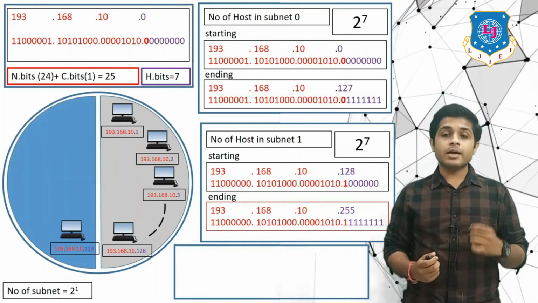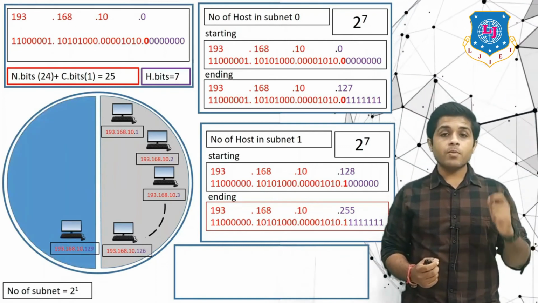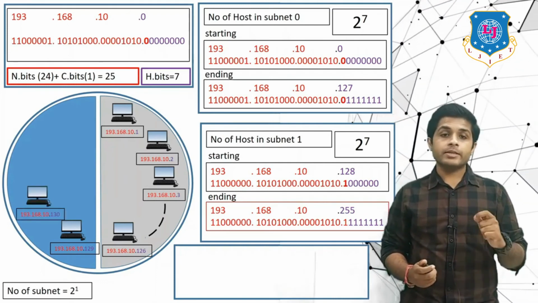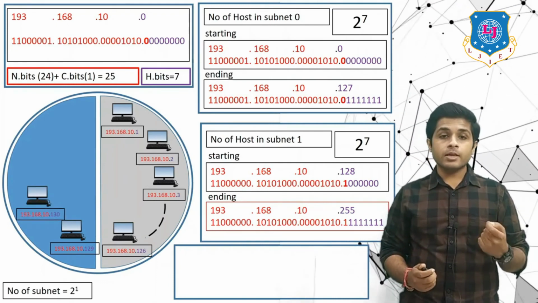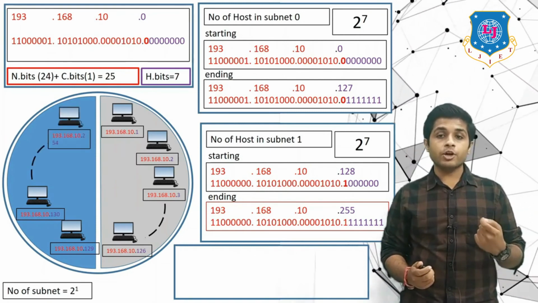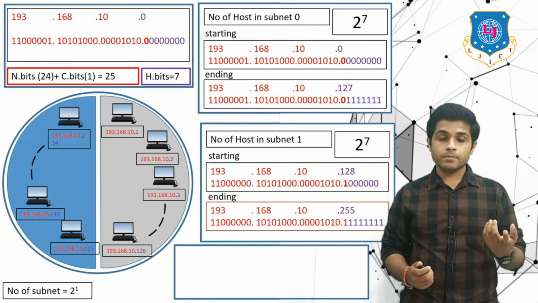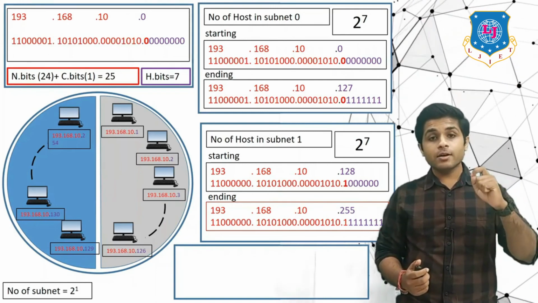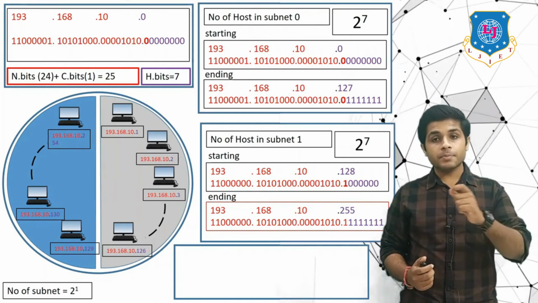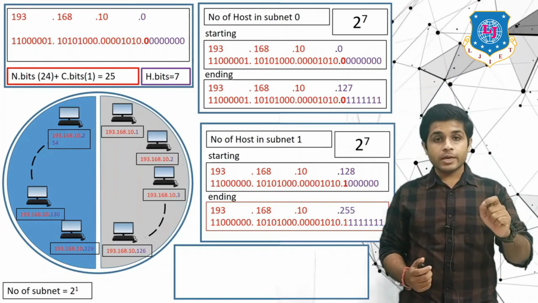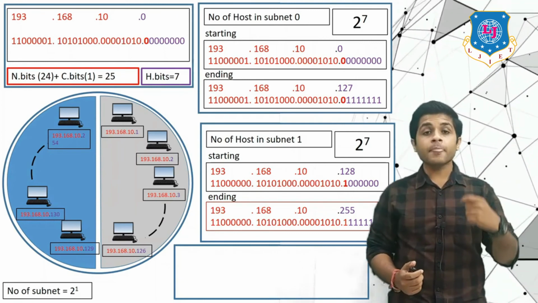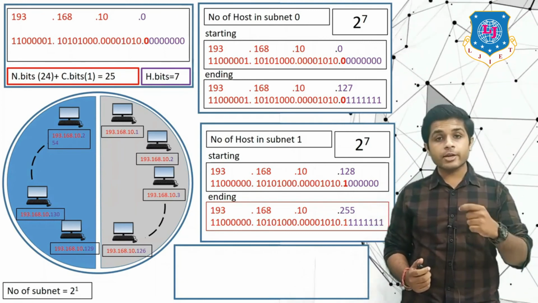So what will be the IP address of the first device? It will be 193.168.10.129, then 10.130, 131 up to 10.254. If you increment 1 to the last usable address of subnet 1, which is 193.168.10.254, you will get 193.168.10.255.